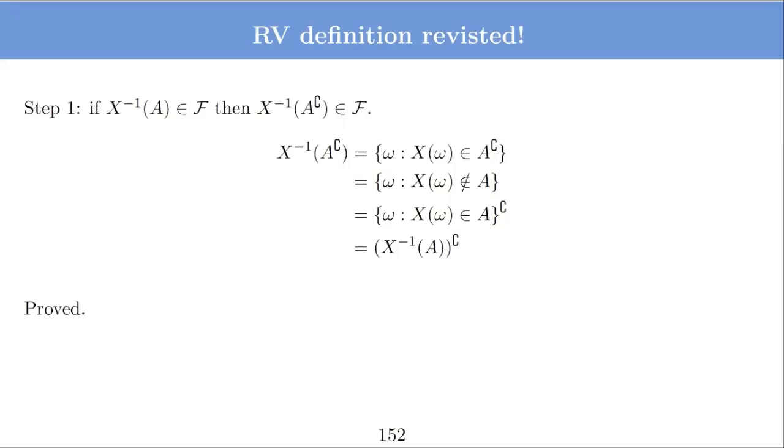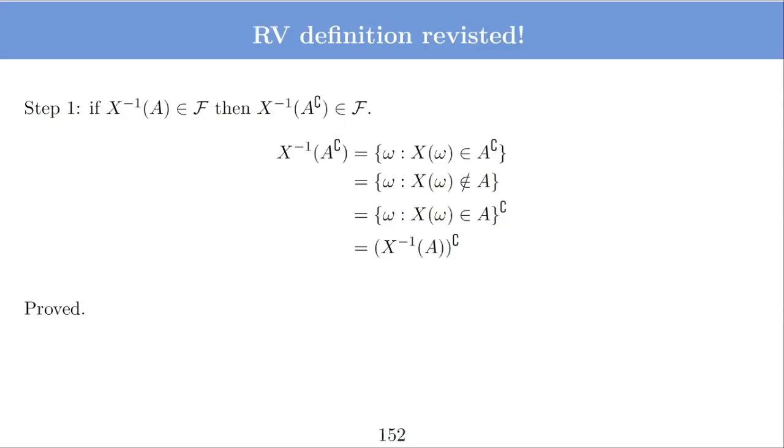One is we will show that if X inverse of A is in F, then X inverse of A complement is also in F. This means that if the pre-image of A is in F, then the pre-image of A complement is also in the sigma algebra. Okay, how do we prove this?